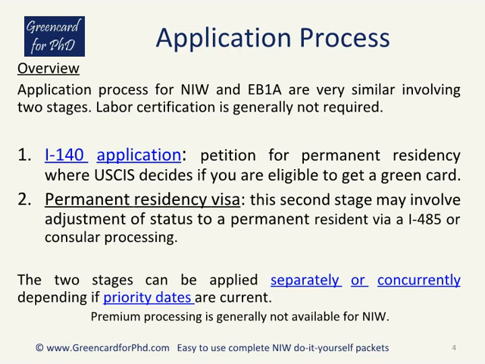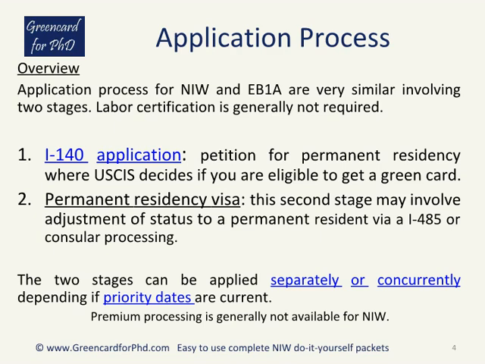The I-140 application process is generally the same whether you are within the country or you're out of the country, except for a small difference in one of the sections that you fill out. The second step in the application process is obtaining the permanent residency visa. This is accomplished via an I-485 application if you are within the U.S. I-485 application seeks to adjust your current status to a permanent residency.